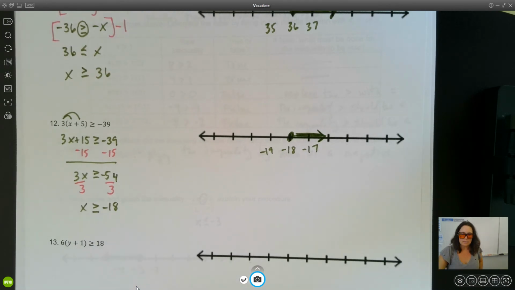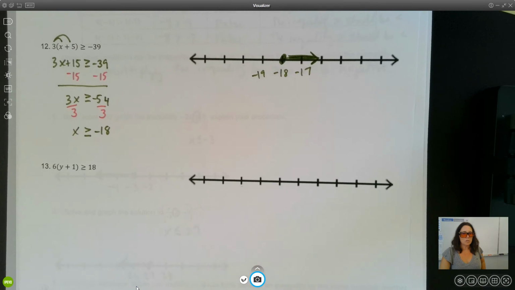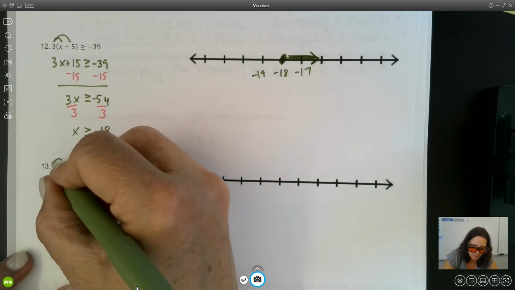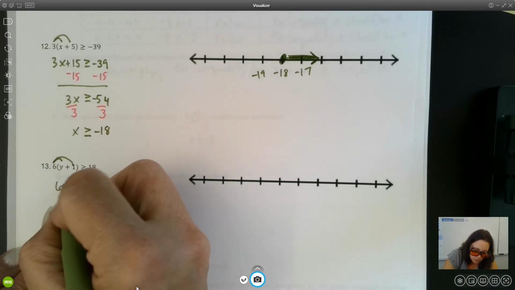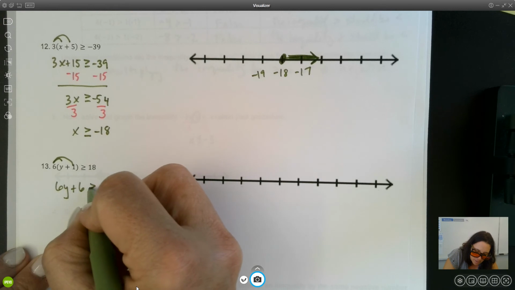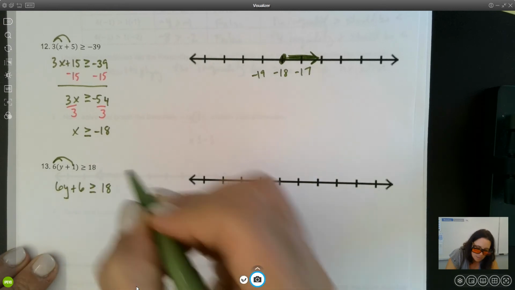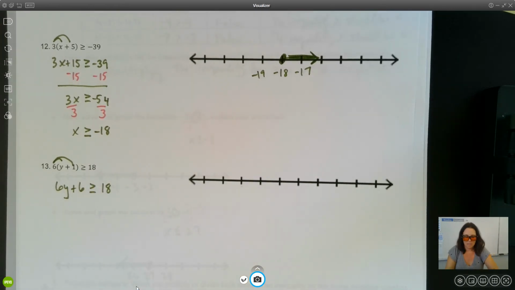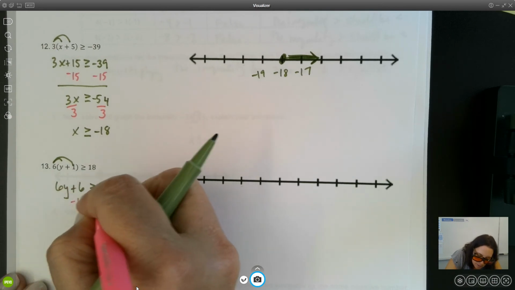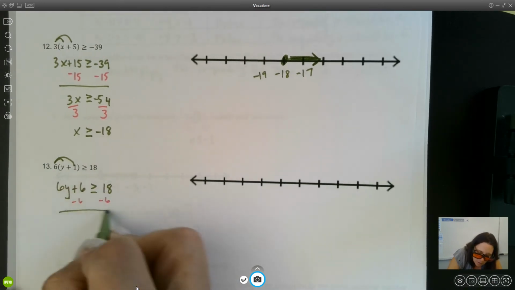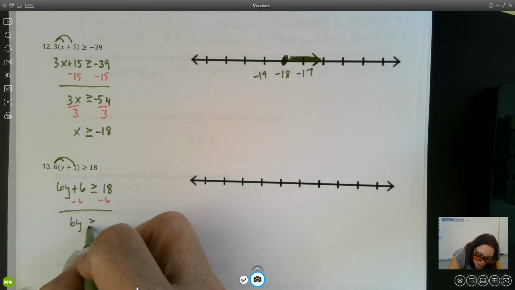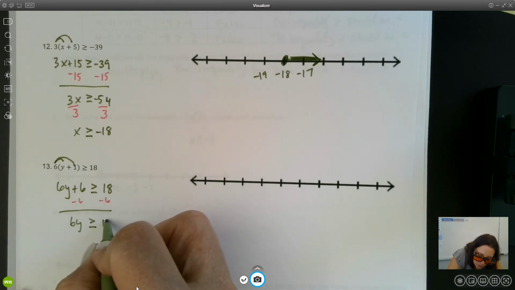Okay, one last one, this guy. If you realize you can divide by 6 right now, go for it. Way easier. But I really think at this stage, most of you would do 6y plus 6 is greater than or equal to 18. Subtract 6 from both sides. 6y is greater than or equal to 12.